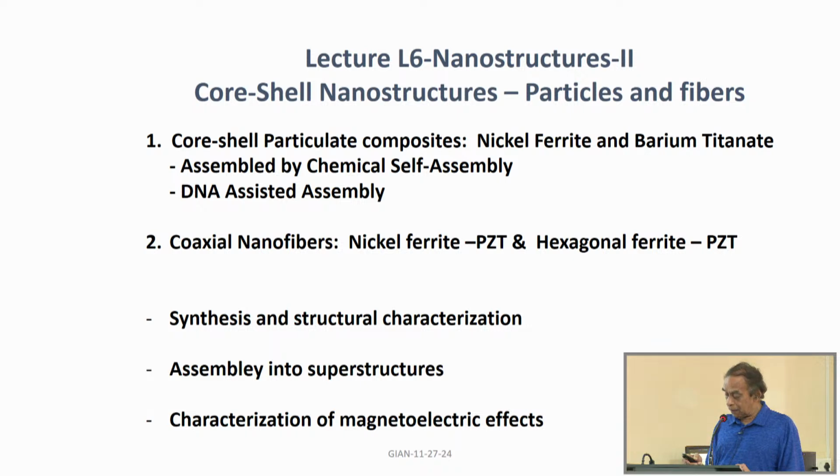In this talk, I am going to focus on coarser particles of nickel ferrite and barium titanate, and I am going to talk about assembling the coarser structure by two different means. One is using chemical self-assembly, the other is using DNA assisted assembly. We did this work in collaboration with our chemistry colleagues, both the chemical assembly and the DNA one.